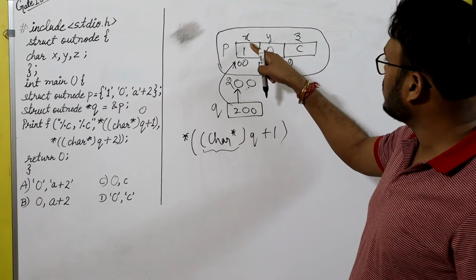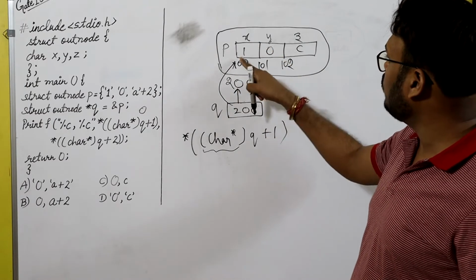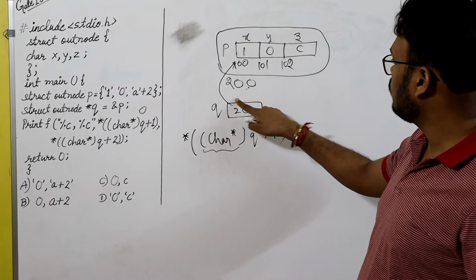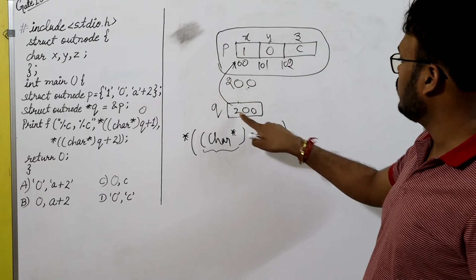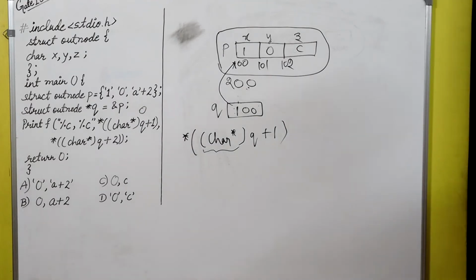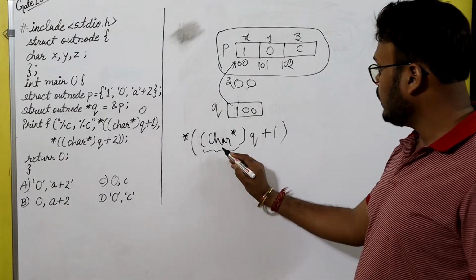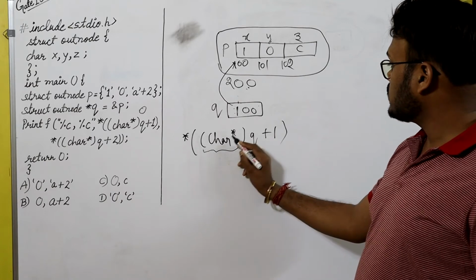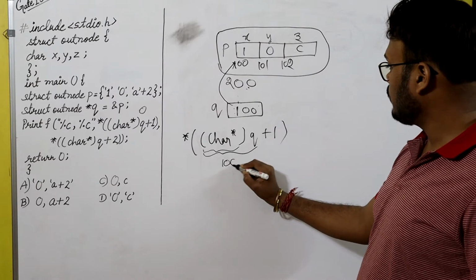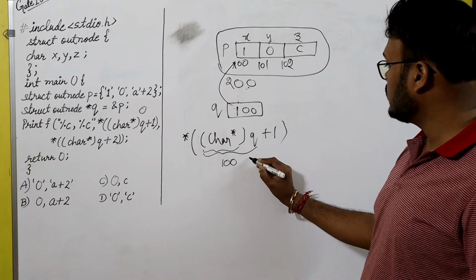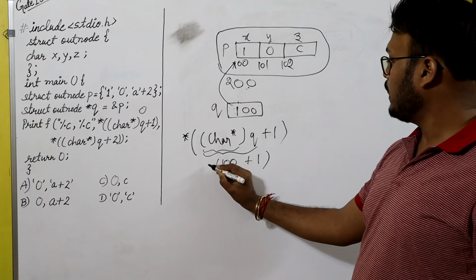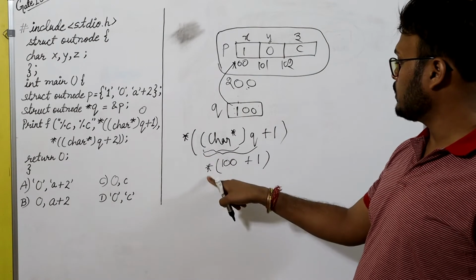Here you see X is a character. So Q will point to the address of X. So it means what? Now Q contains the value what? 100. What is the address of X? 100. So Q contains the value 100. Okay. So here char star Q will be replaced with 100. Fine. And after that you see plus 1. And here there was a star.